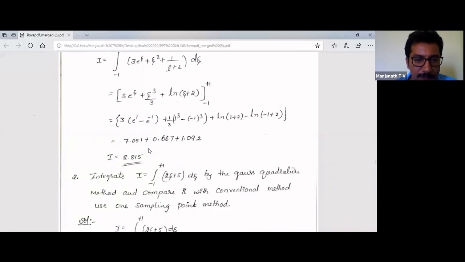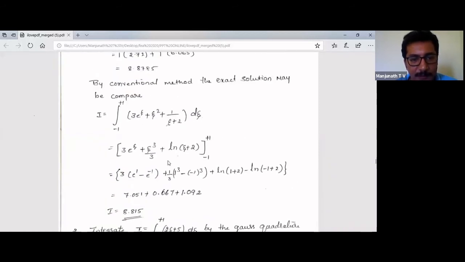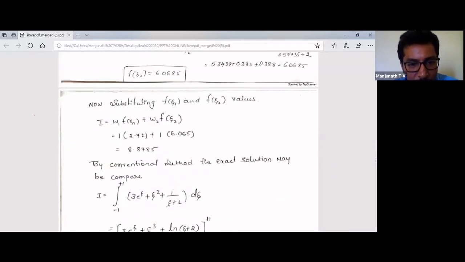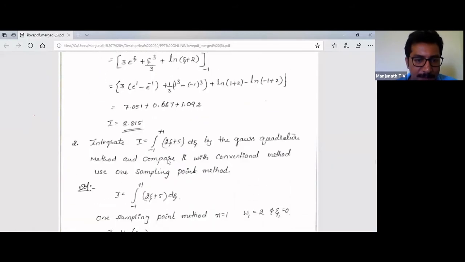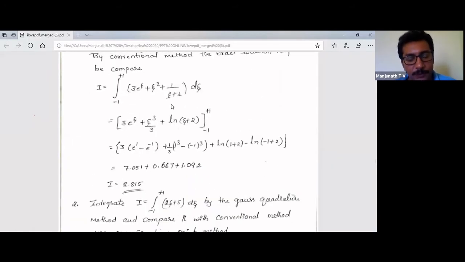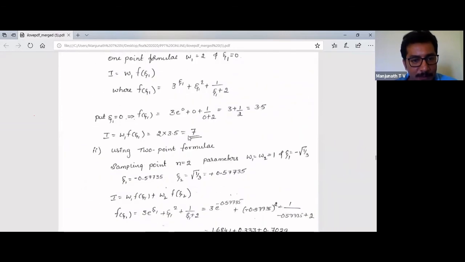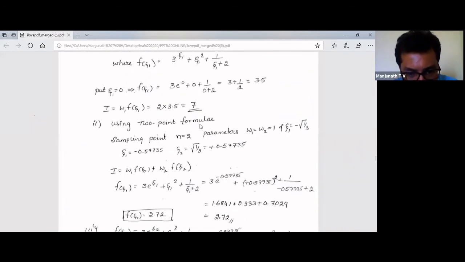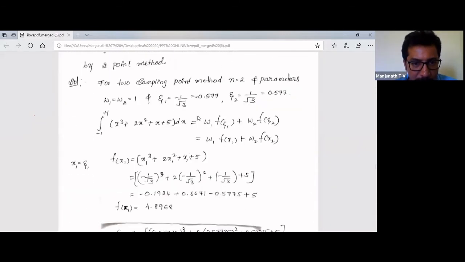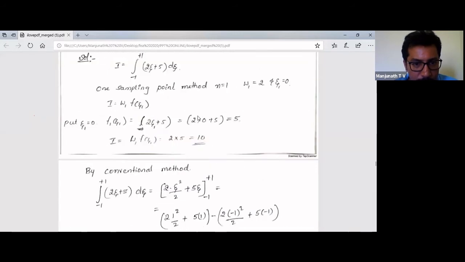That way we can cross check and compare how close it is to the exact solution. That is how we use the 1 point and 2 point sampling formulas for calculating the Gauss quadrature integrals.